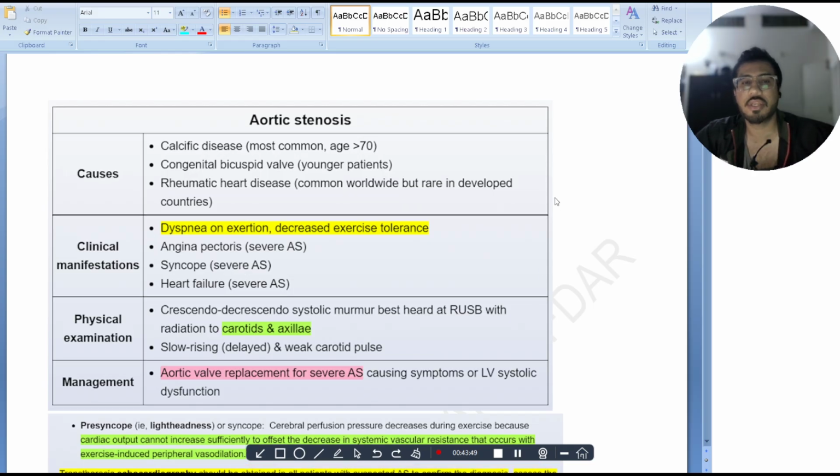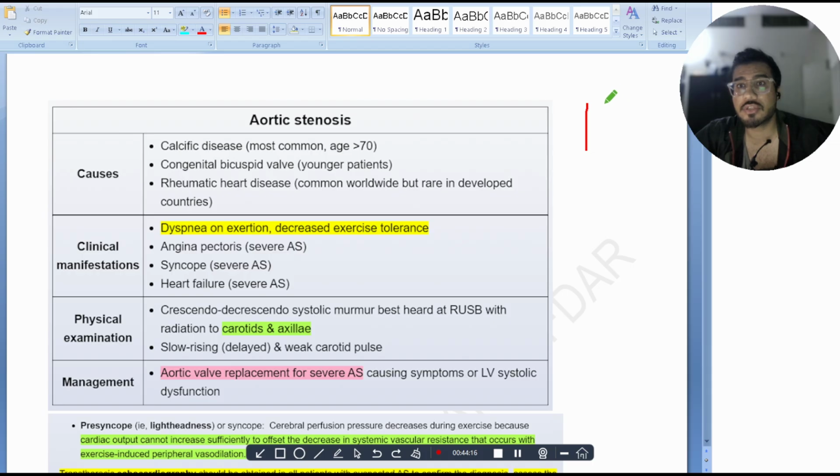I need to make a correction here when I said that about aortic stenosis. What's going to happen in splitting is you're going to have narrowed splitting when it comes to inspiration, because during inspiration there is greater venous return and there is even more delayed closure of the pulmonic valve. So this is the closure of the aortic valve, and during inspiration the pulmonic valve closure would be delayed.